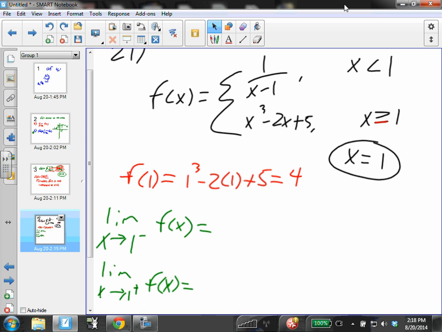Numbers that are to the left of 1, on a number line, how do they compare to 1?